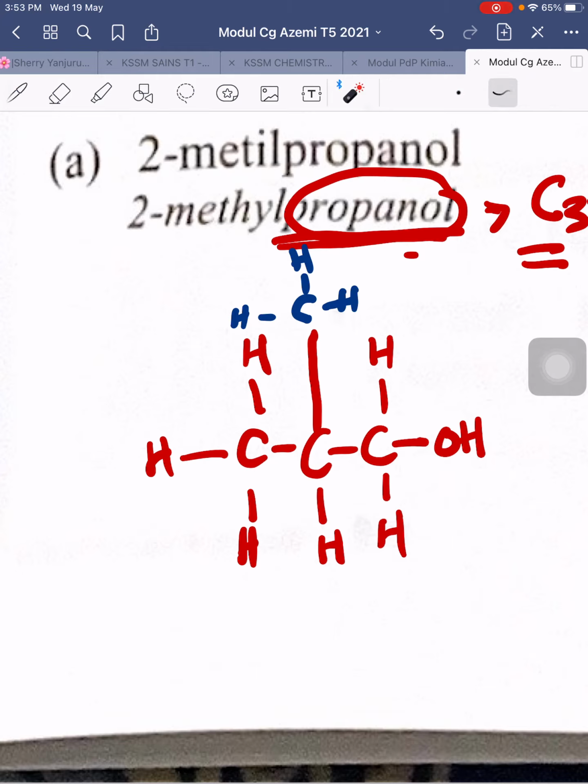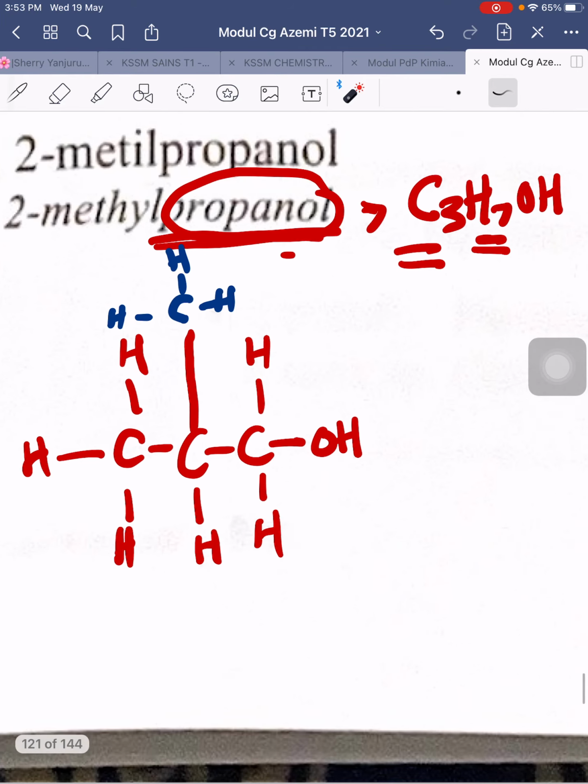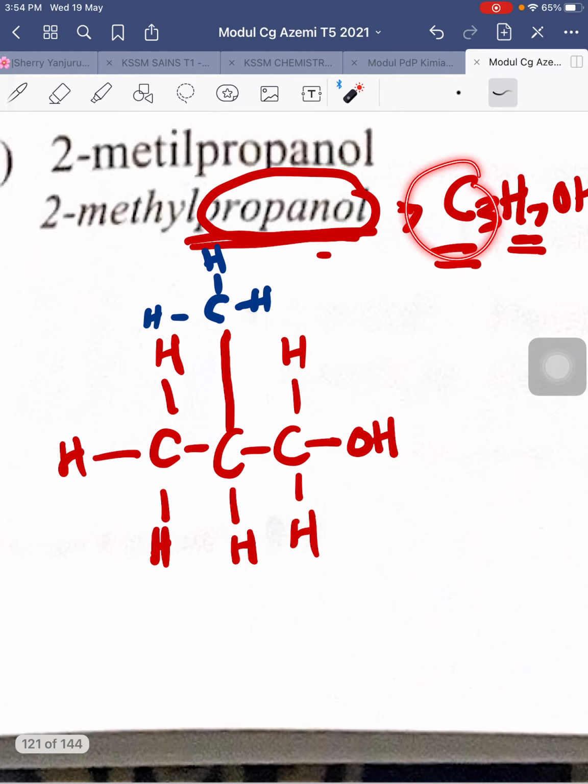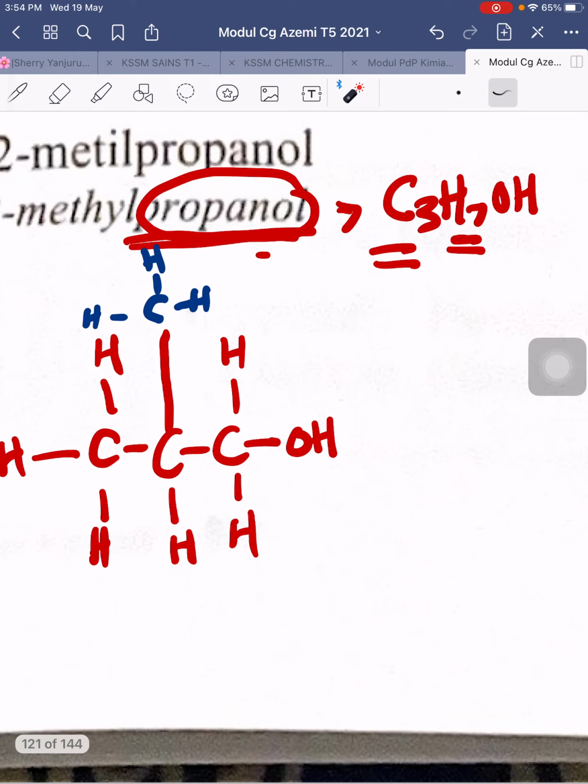Let me explain one more time. What should you consider when you want to draw propanol? Propanol 3C, 1, 2, 3. So you just derive the formula from the general formula first, and then you draw C3H, 1, 2, 3, 4, 5, 6. Okay, it's supposed to be 7, but in this case it's no more 7. Why?